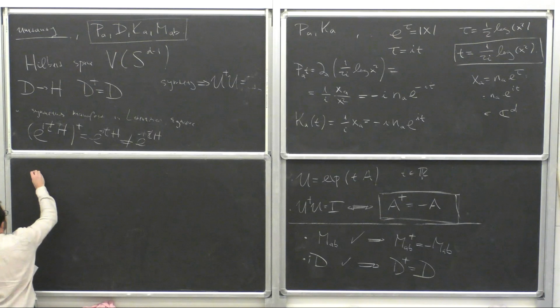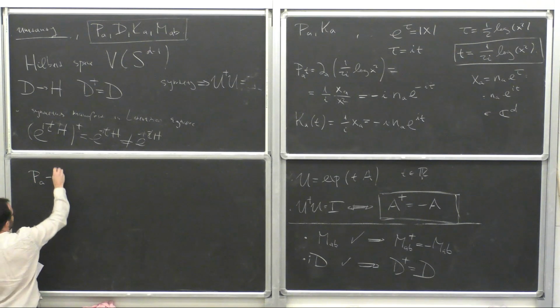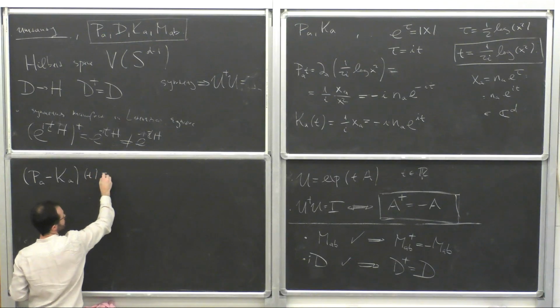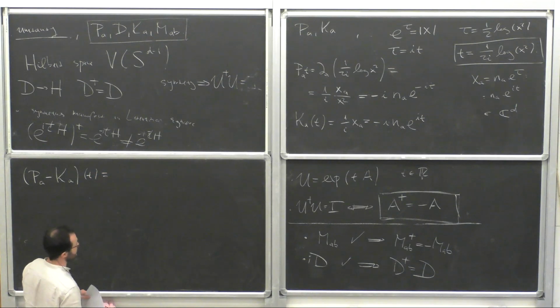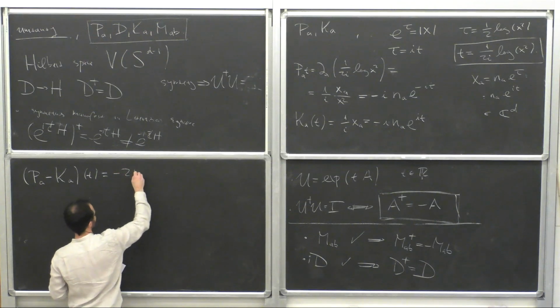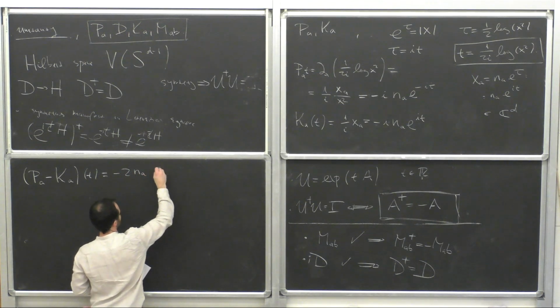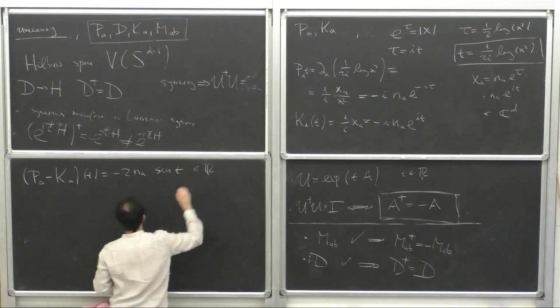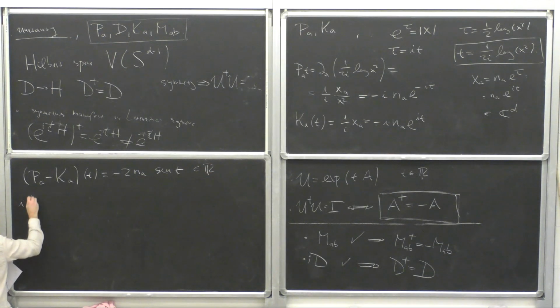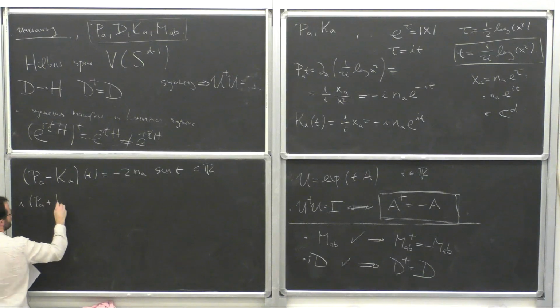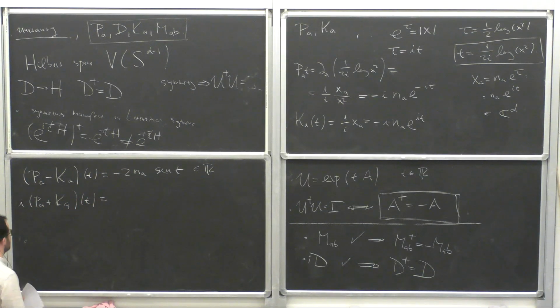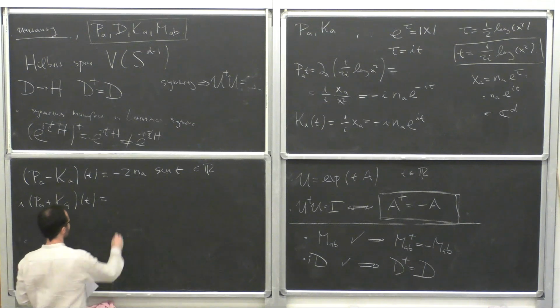Well, it is P_a minus K_a. When it acts on t, you probably get something like minus 2 n_a sin t, which is real. And if you act with i times (P_a plus K_a) on t, then you get 2 times cos.